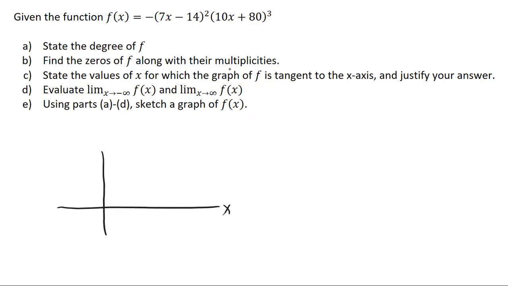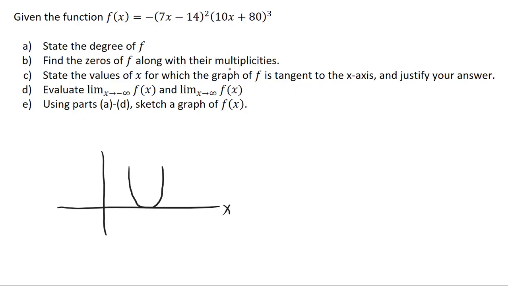When it's tangent to the x-axis, that means it only touches it one time and it's perpendicular there. Sorry, not perpendicular. It just touches it once. Okay, something like that. So why is it asking this question? Let's think about it. It has to do with part B.